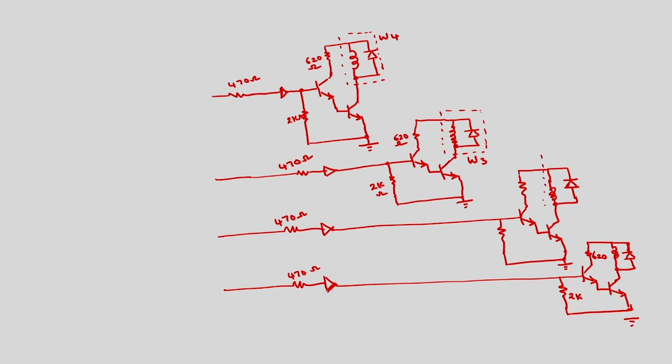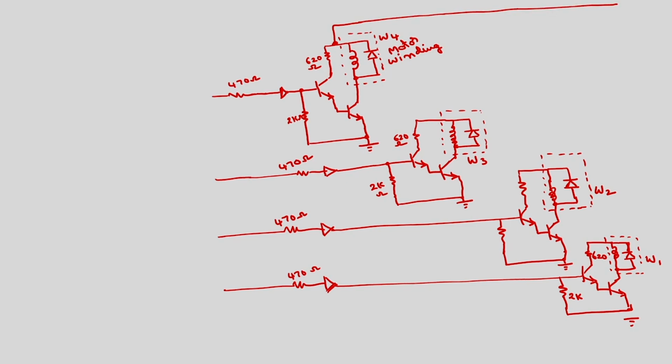This is W2. This is W1. These are called motor windings. In the last class, we discussed how to control the motor winding also. This is the circuit that we discussed. And these points we have to connect to plus 5 volts or plus 12 volts, depending upon the specifications of the motor.